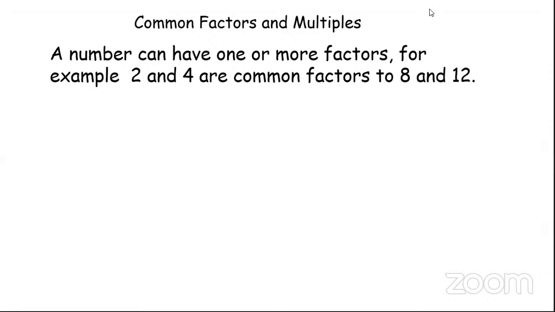Okay, thank you. So we are saying a number can have one or more factors. For example, 2 is a factor of 8 and at the same time a factor of 12. 4 is a factor to 8 and at the same time a factor to 12. So 12 and 8 have some factors in common.